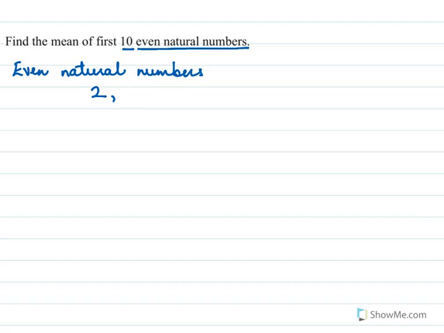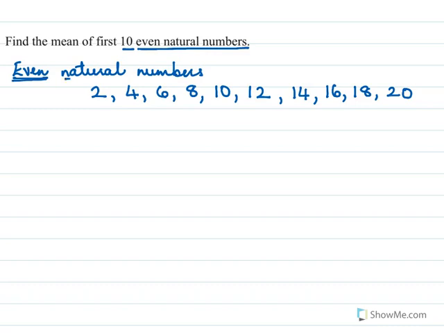So it is 2, 3 no, because it is not even, 4, 6, 8, 10, 12, 14, 16, 18, 20. I think we have 10 of them now. So remember, they have to be even and natural. We cannot take 3, we cannot take 5, we cannot take 1 because they're all odd numbers.